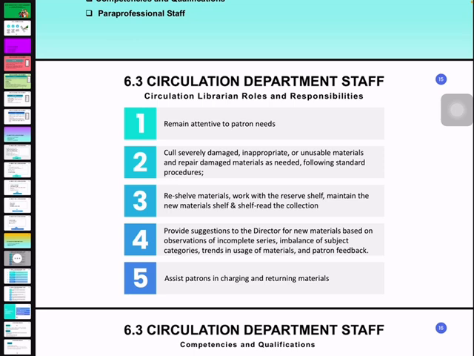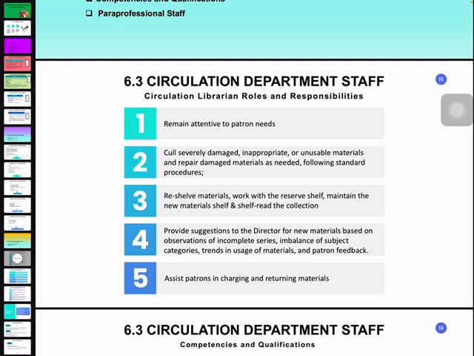So they also need to identify which materials are damaged, which materials are inappropriate for the users, and which materials are not usable, because this will be used for the weeding process for the unusable materials. And then as for the damaged materials, they need to send them to the Preservation and Conservation Department.